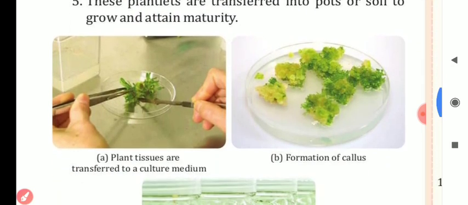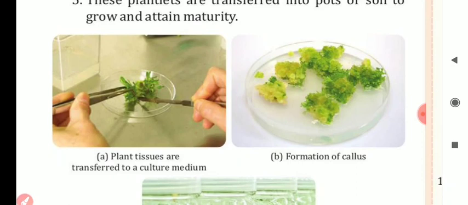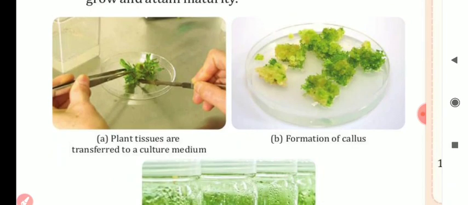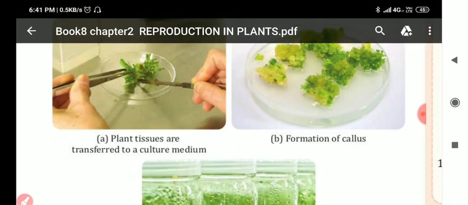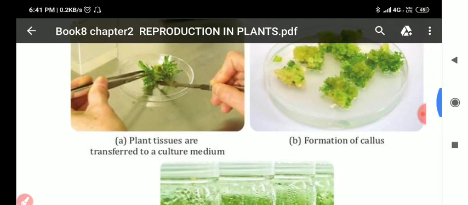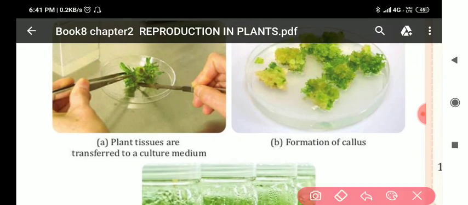See here, the first diagram. In this first diagram, plant tissues are transferred to culture medium. Then you can see the formation of callus.